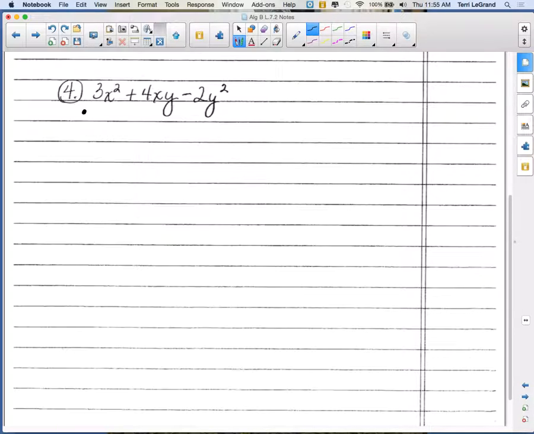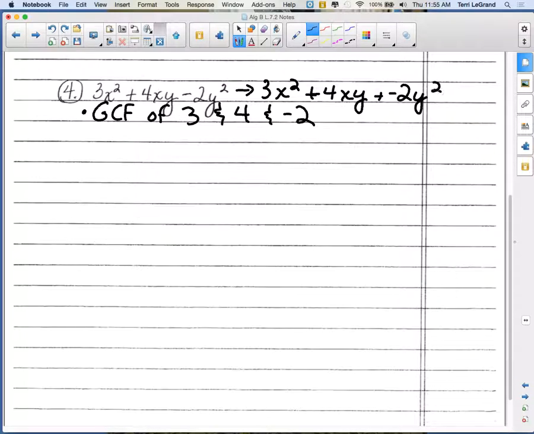And our last one that we will practice together. We are going to find the GCF of what? What are we going to find the GCF of first here? Oh, so what should we do first at this problem? It should be changed to add the opposite. So 3x squared plus 4xy plus negative 2y squared.